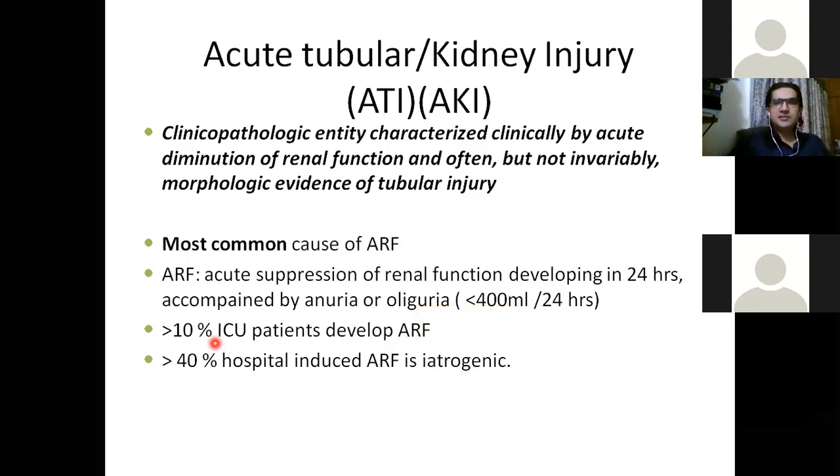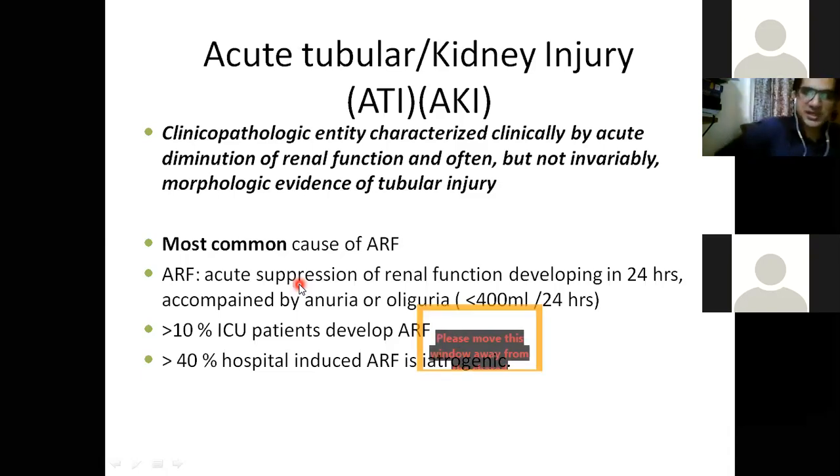If the dose is not adjusted, then what happens? It can cause nephrotoxicity, right? So in ICU settings, sometimes ICU staff don't care about it, right? They don't adjust the drug, especially in patients who have borderline renal insufficiency, where the serum creatinine is slightly raised, and then if you don't adjust the dose of the drug, it can ultimately cause acute renal failure, that is due to acute tubular injury, right?